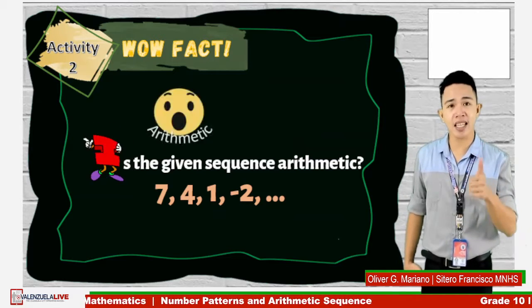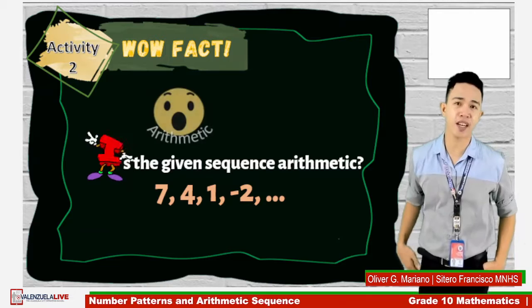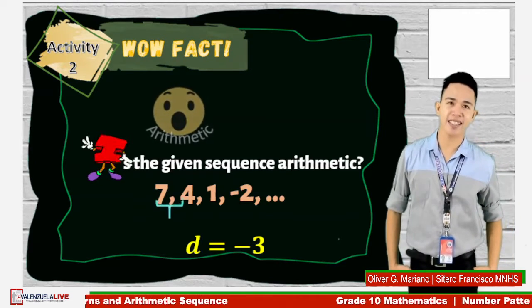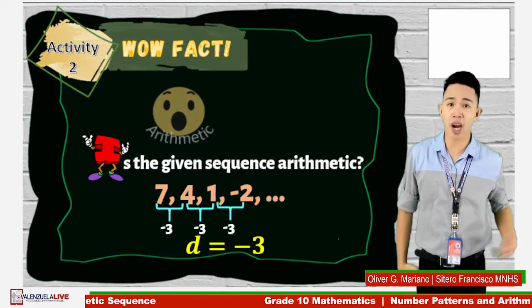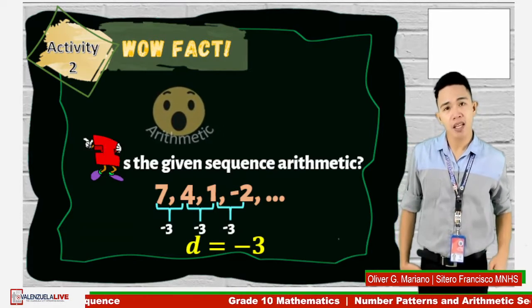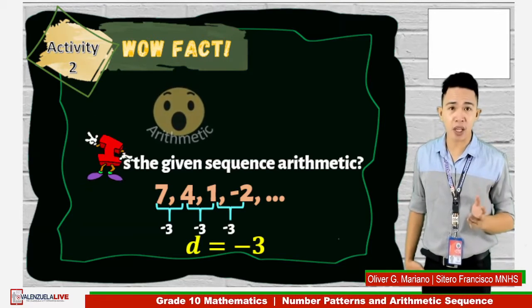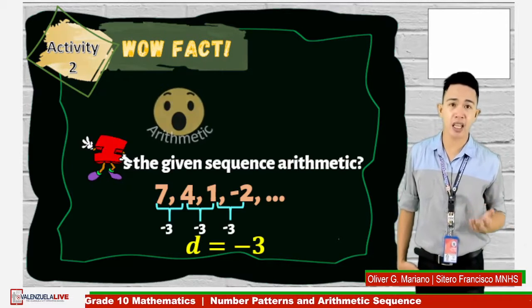Great. It is an arithmetic sequence. And what is its common difference? Yes, you are correct. The common difference is -3. And why is it -3? Great! Because the difference between every pair of consecutive terms is fixed and is -3.